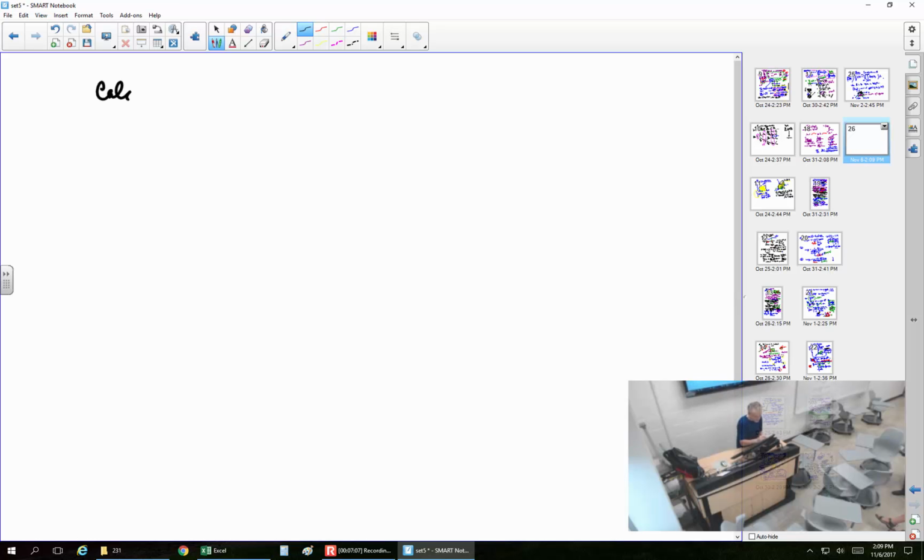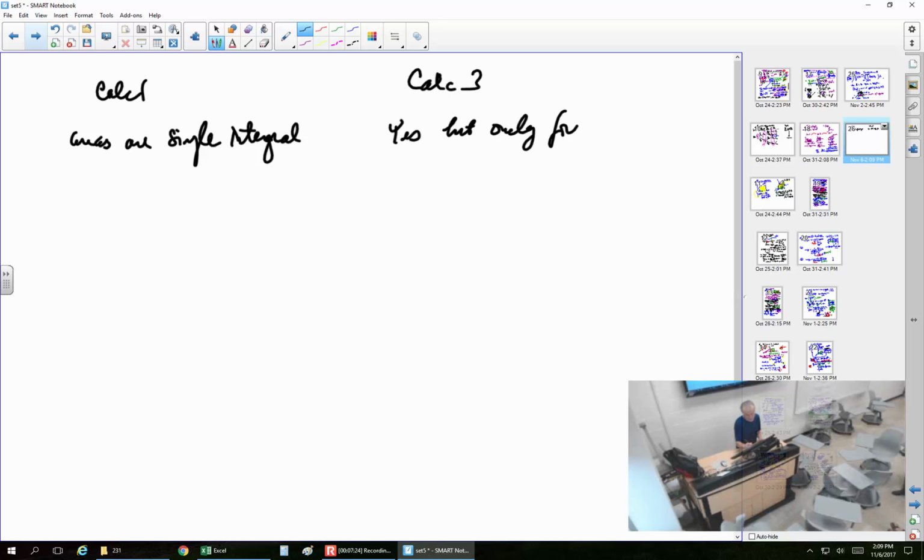Calc 1: areas are single integrals. And now Calc 3, yes, but only for some special shapes.